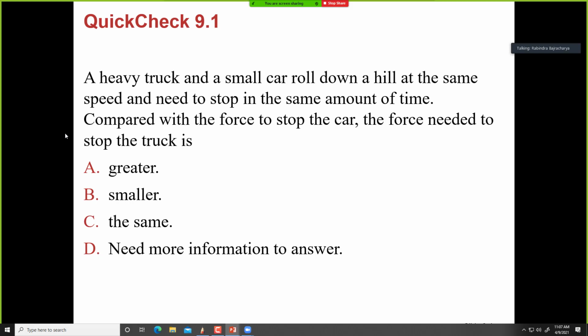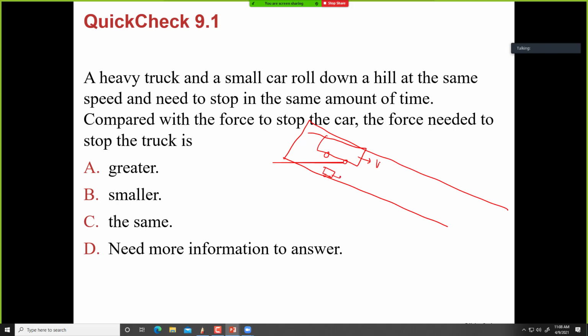So this is a conceptual question. A heavy truck and a small car roll down a hill at the same speed. So you have a big truck and a small car. They have the same speed, V and V. One has big mass, the other one has small mass.